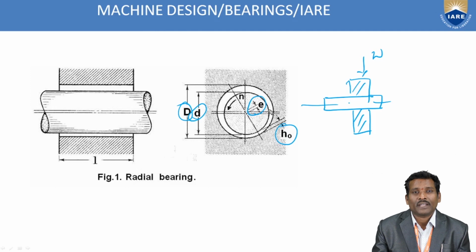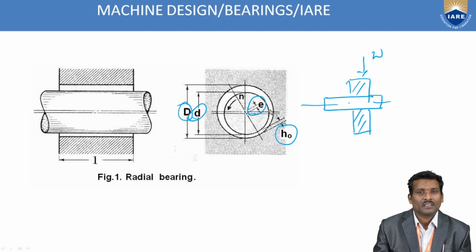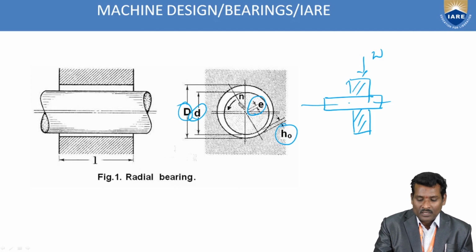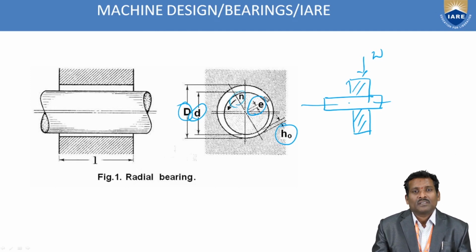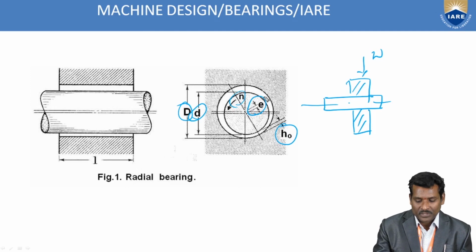It's very important in the case of sliding contact bearings. So always we will keep some eccentricity in the design of sliding contact bearings. N represents the rotation speed of the journal.